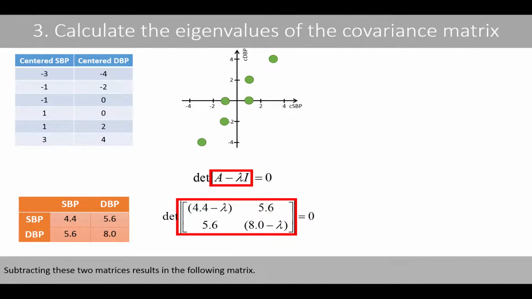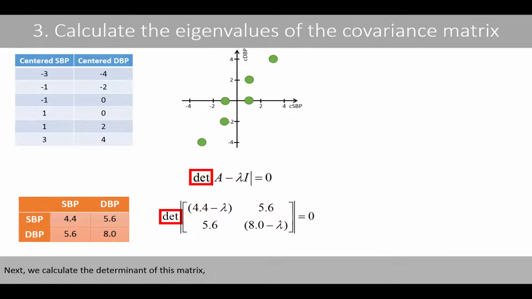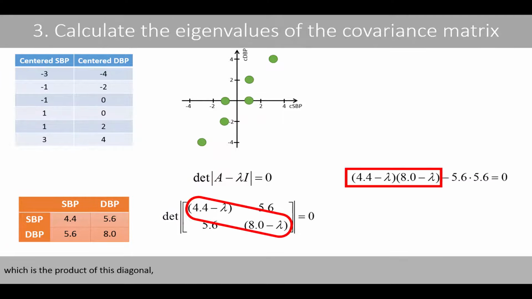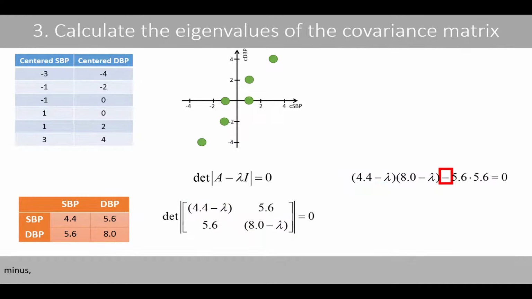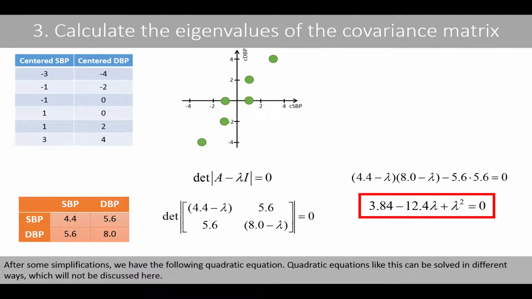Subtracting these two matrices results in the following matrix. Next, we calculate the determinant of this matrix, which is the product of this diagonal minus the product of this diagonal. After some simplifications, we have the following quadratic equation.